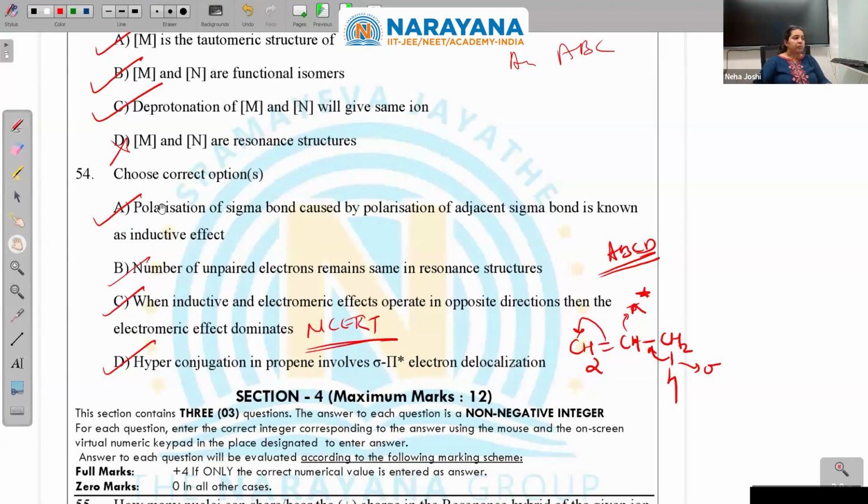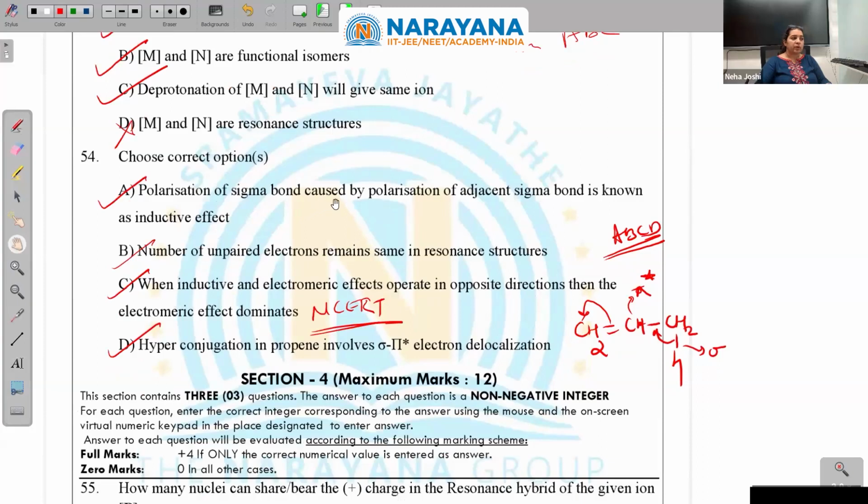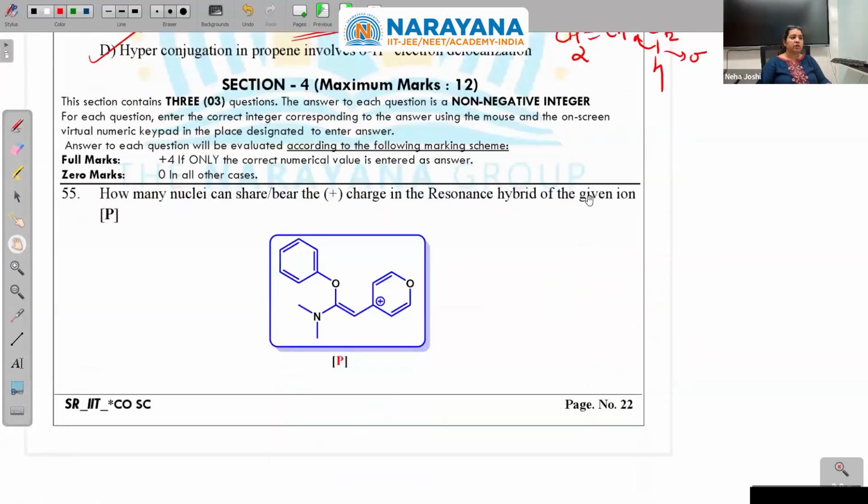Moving further, how many nuclei can share or bear the positive charge in the resonance hybrid of the given ion? So let us see. One already there. If it resonates like this, then plus here. If plus is here, then this will go and oxygen will have plus. Similarly this side also plus and plus. So total, one side we have got 4. Now going here, 1, so plus 1.